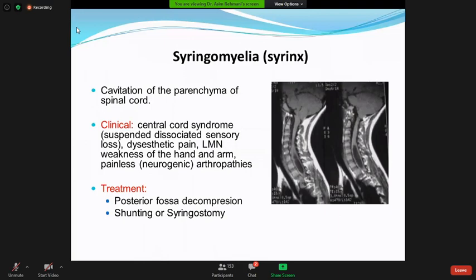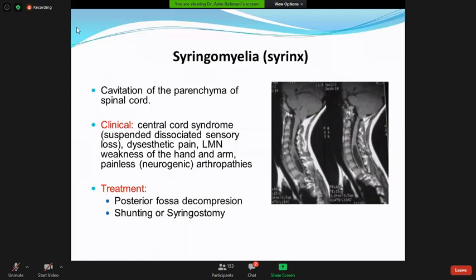Syringomyelia has a specific clinical symptomatology, that is central cord syndrome, in which there is suspended dissociated sensory loss.